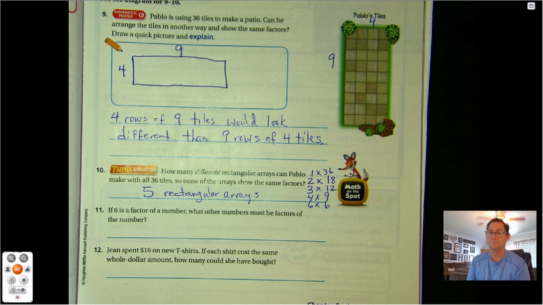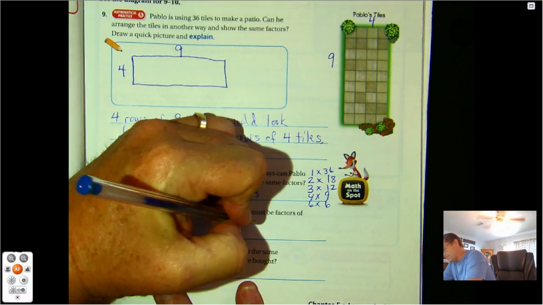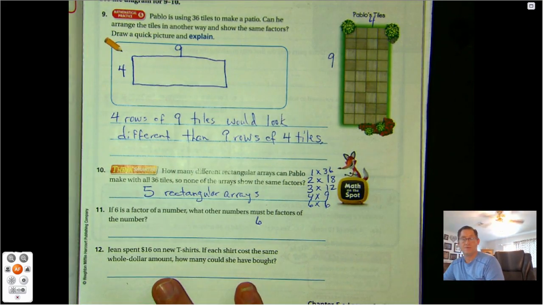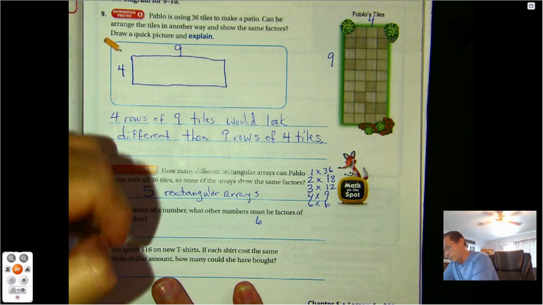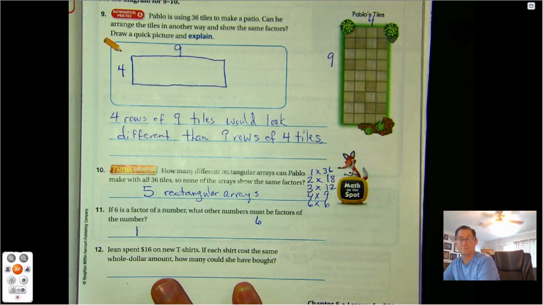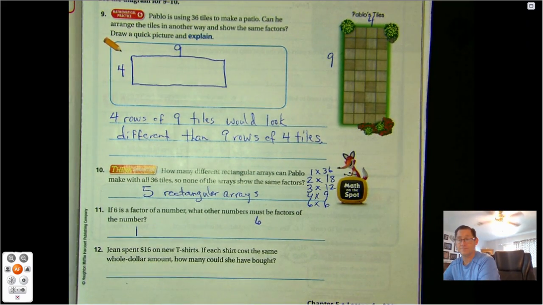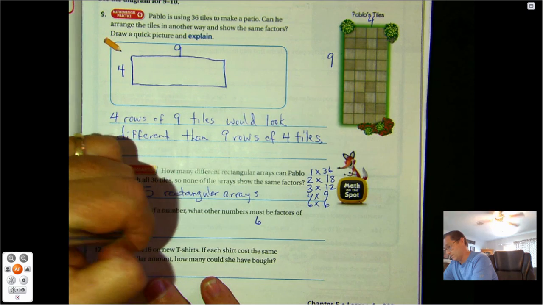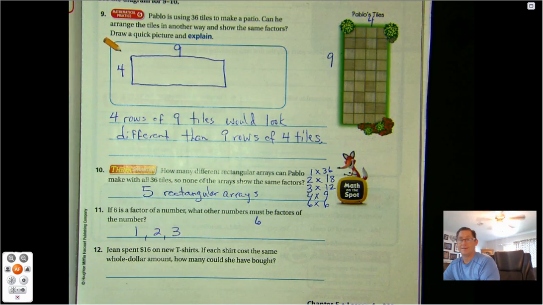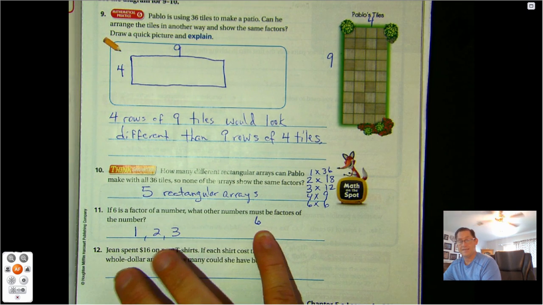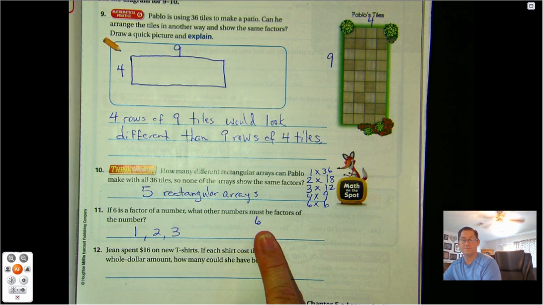If 6 is a factor of a number, well, we know 1 has to be a factor, right? 1 and 6. What else makes 6? 2 does, right? 2 and 3. Well, that would be it then. So if 6 is a factor of the number, then those are the only other 3 possibilities. 1 times 6 and 2 times 3.